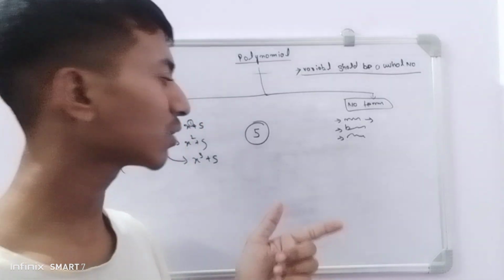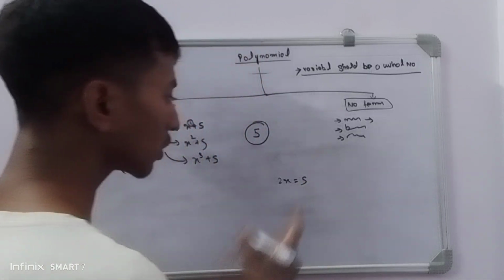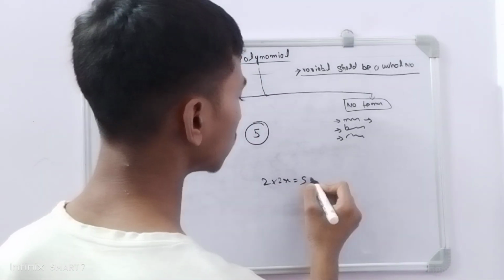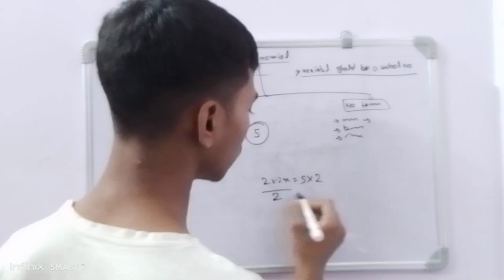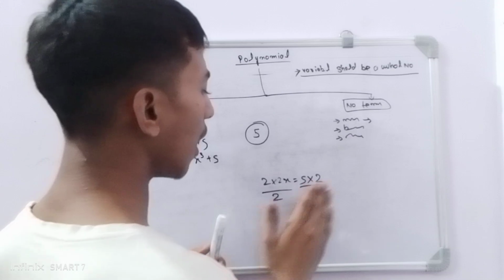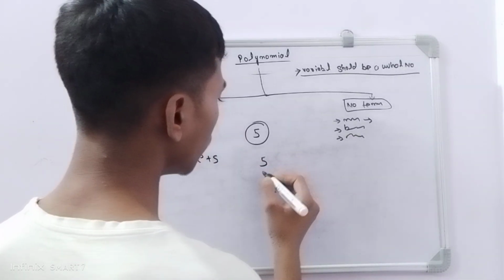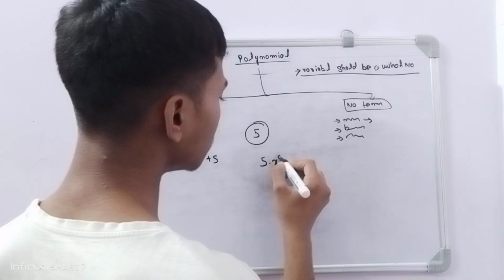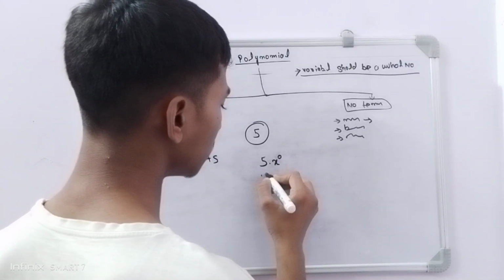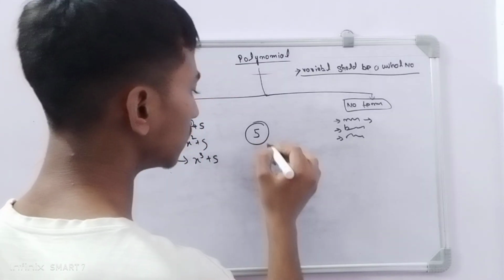That means you have also seen that when we have 2x plus 5, sometimes you multiply by 2 on both sides or divide by 2 on both sides. You can do that in mathematics because it doesn't affect your function. Like this, when you multiply by x power 0, x power 0 means 1, and 5 into 1 is actually 5.